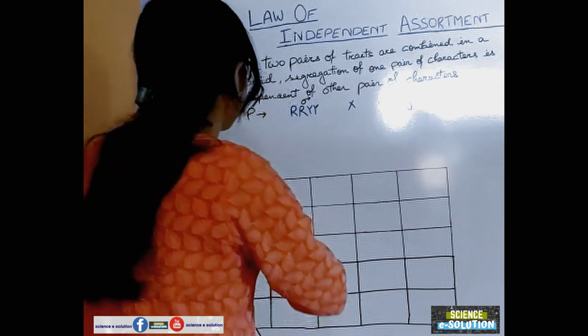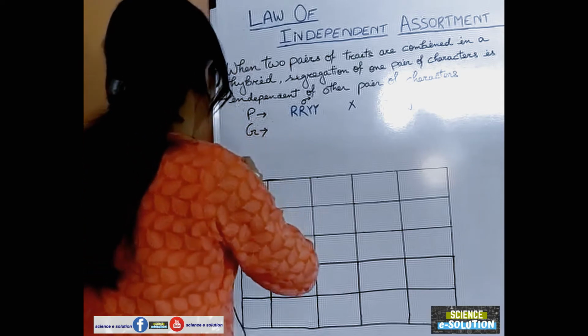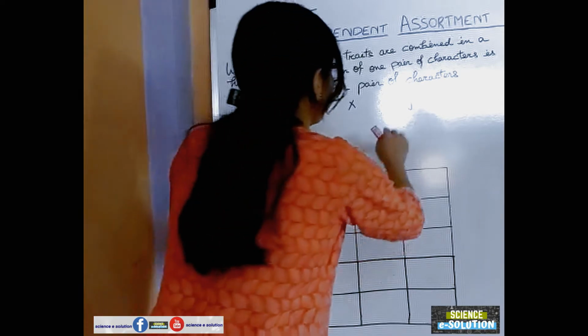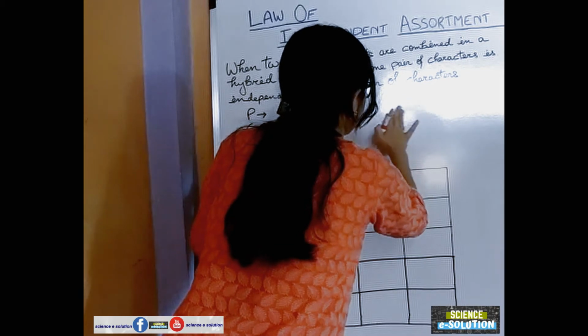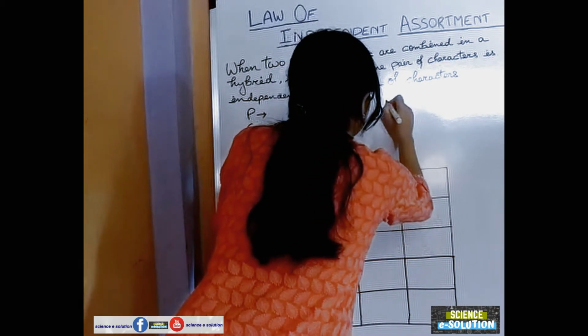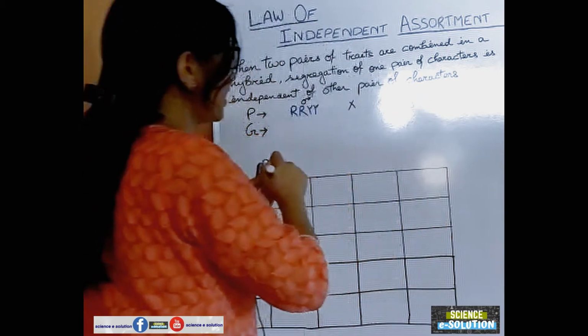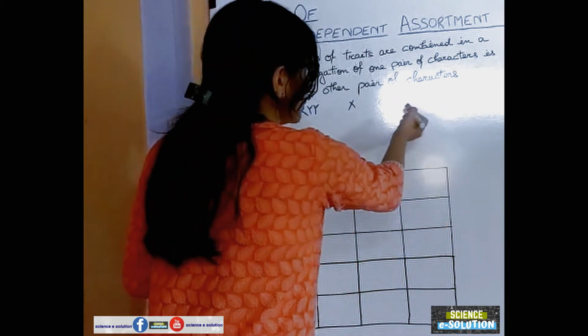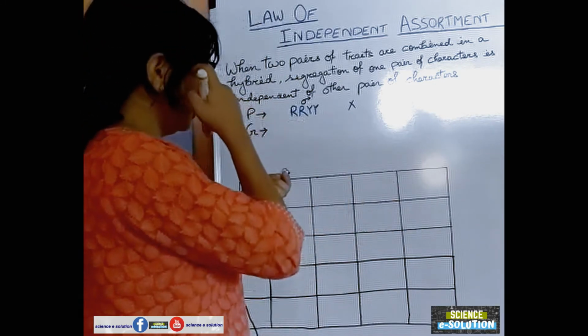So what do we get? Gametes. For betterment, let me represent the recessive genes with red color so that it becomes clearer to you, and the dominant ones with blue color.